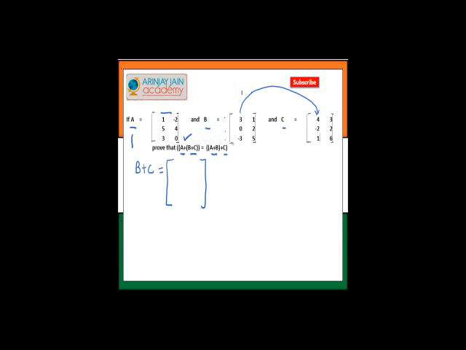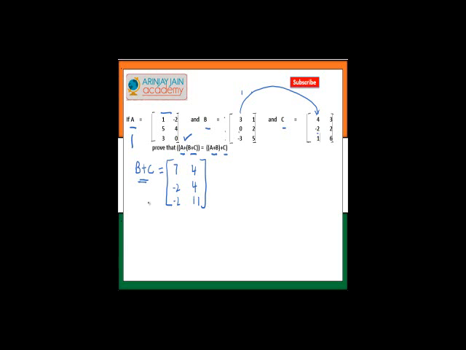So 3 plus 4 will give you 7. 1 plus 3 will give you 4. 0 plus minus 2 will give you minus 2. 2 plus 2 gives you 4. Minus 3 plus 1 gives you minus 2. And then 5 plus 6 gives you 11. So B plus C is basically equal to 7, 4, minus 2, 4, and minus 2, 11.